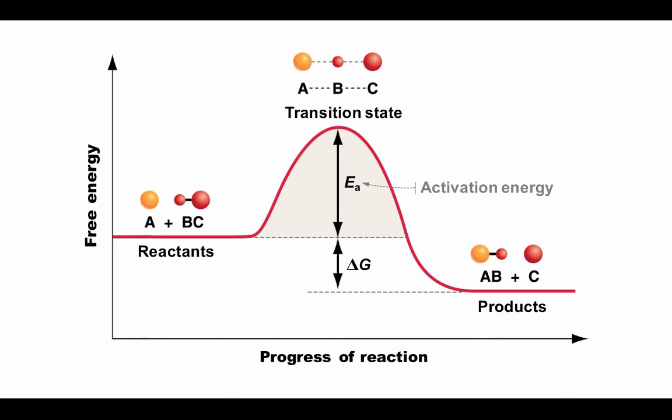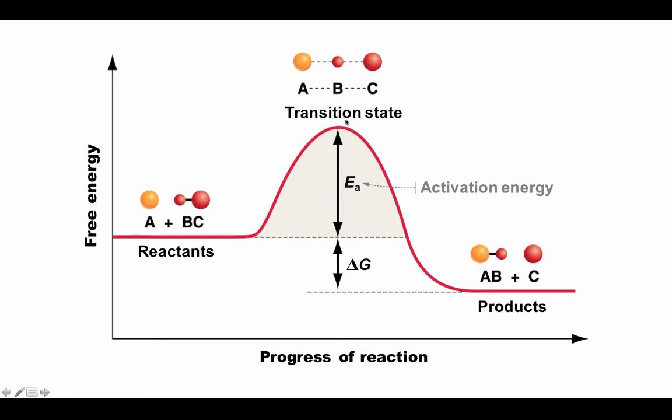So looking at this in graphical form, we can see that we've got relatively stable reactants. So these are higher energy reactants than the products are going to be, but they are stably covalently bonded. They need an input of energy to break those bonds and reach this unstable transition state at relatively high free energy.